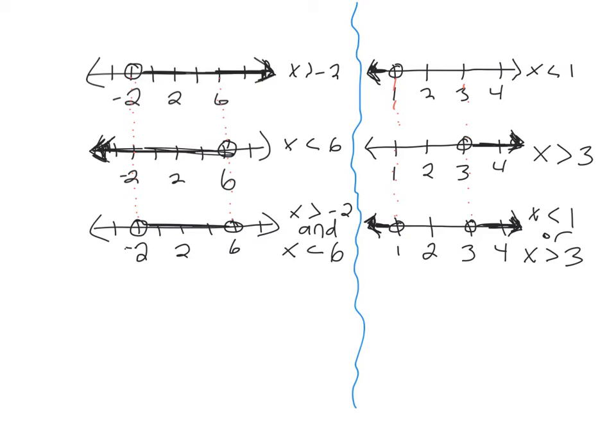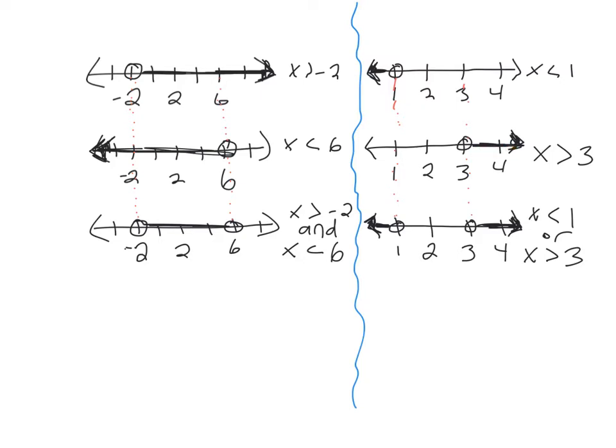Now, when we looked at our "or" compound inequality, our two graphs are two separate graphs. If you notice, they don't overlap at all. On x is less than 1, it goes left, but x is greater than 3 goes right.